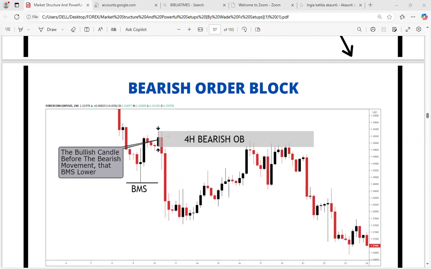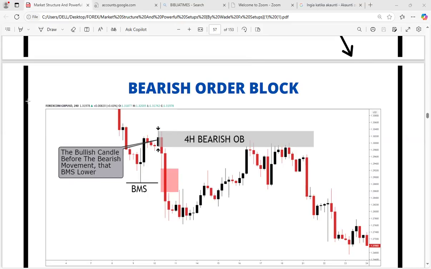Because you can see the next candle didn't form what we call imbalance, a fair value gap. But the second one, which is the lead one, you can see it created a candle which formed what we call imbalance, and this imbalance is here. So when you have this kind of imbalance, then the above candle can be used as the order block.